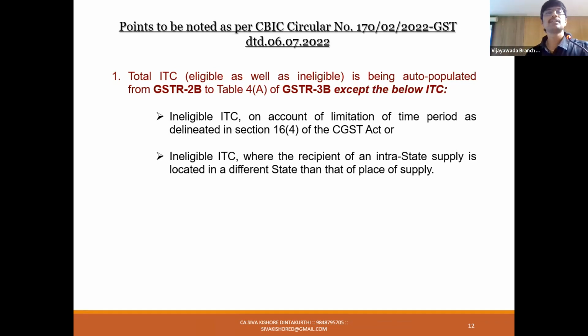You avail the credit. Remaining 2 invoices are there in 4A5. 100 invoices will travel to 4A5. Out of 100 invoices, how many invoices are not reflecting in your books, goods are not received. You are not entitled to take credit. But the supplier has already included in GSTR 1, they travel to 2B, travel to 3B, they are appearing as 100 invoices, but in your books, you have only 98 invoices. 2 invoices are not there in your books.